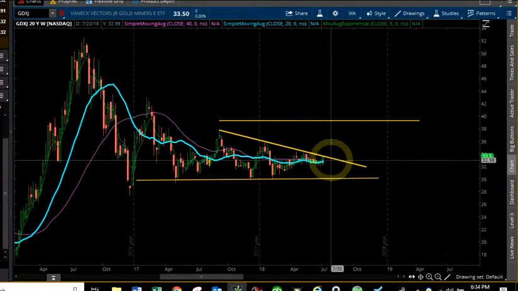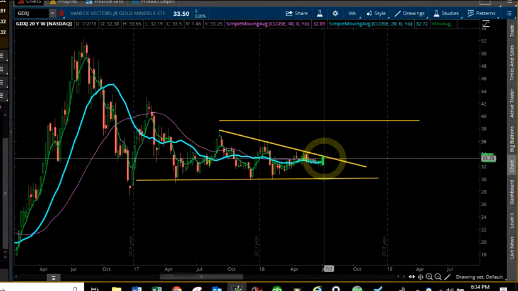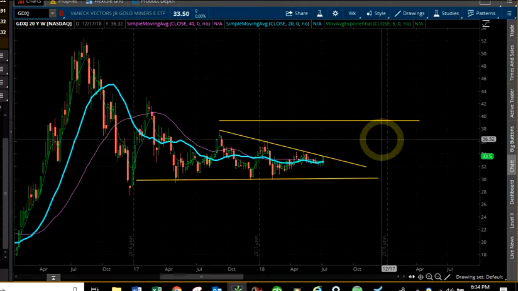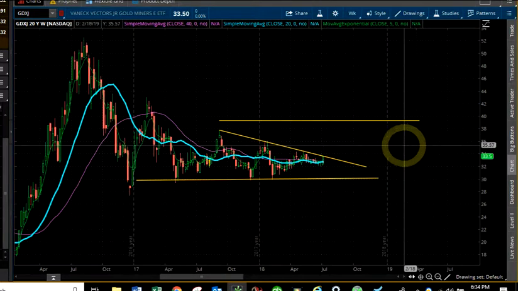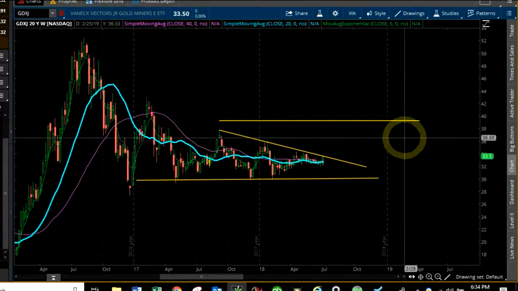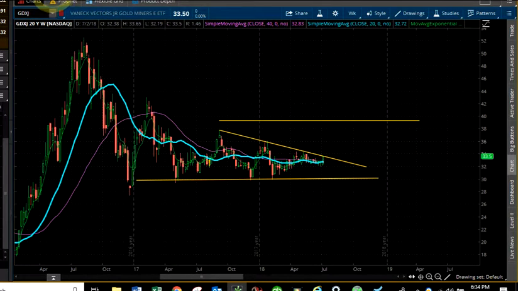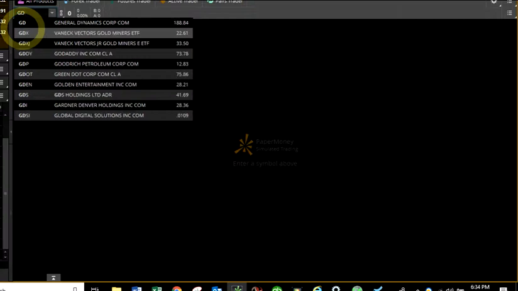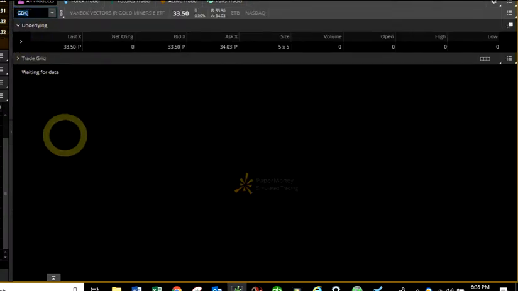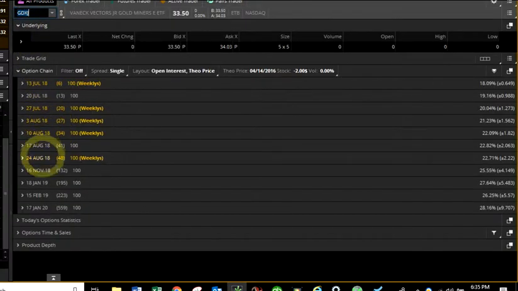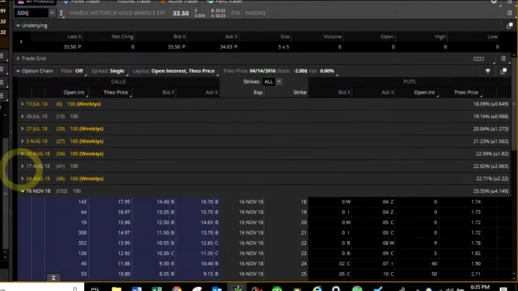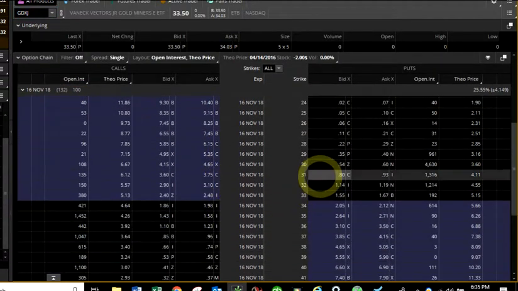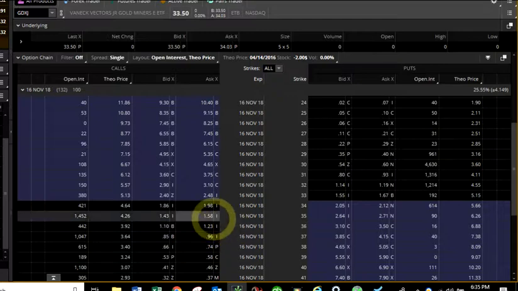So in fact, I'm looking at buying some calls here. I'm probably going to buy some $35 calls or something like that, and try to play it to about $40. Let's see what that does. If I look at the GDXJ, look at maybe 100 days out, and look at some $35 calls.